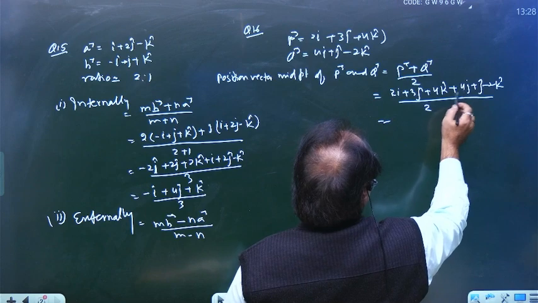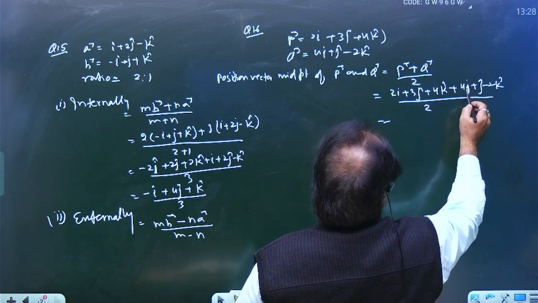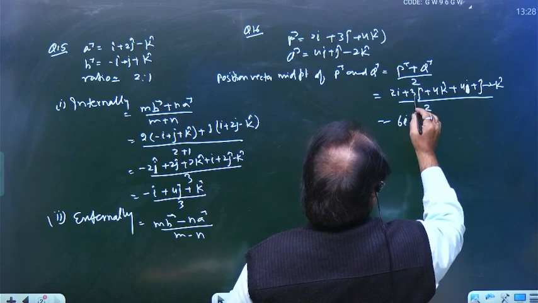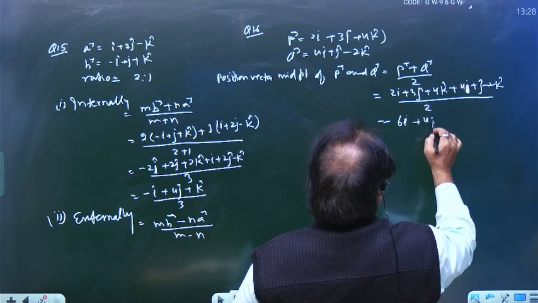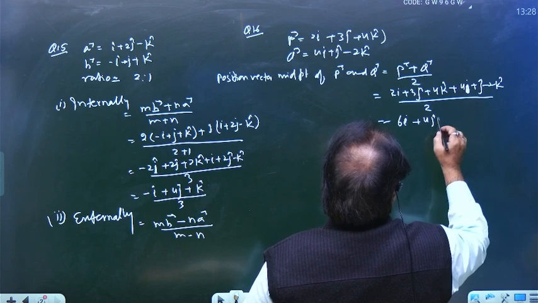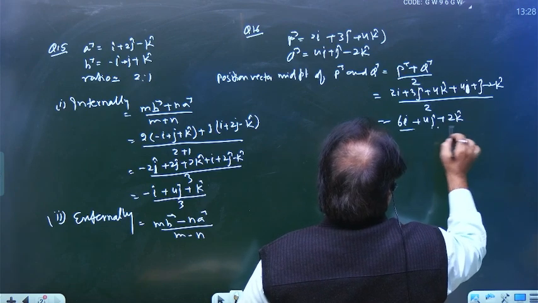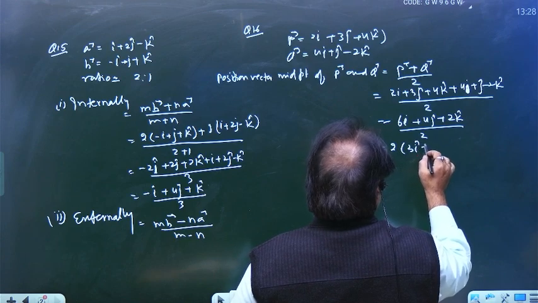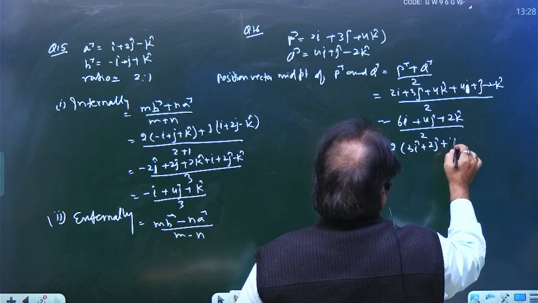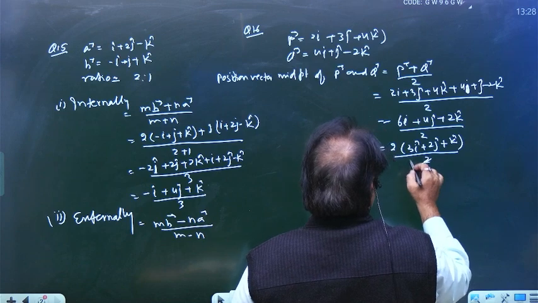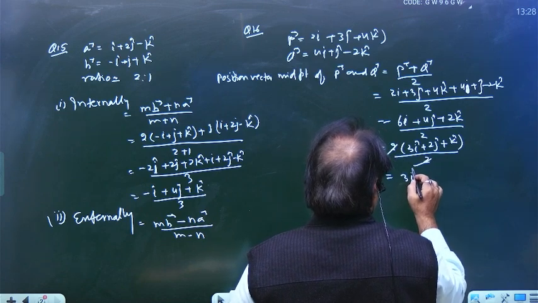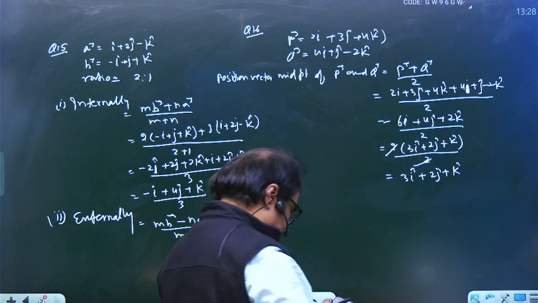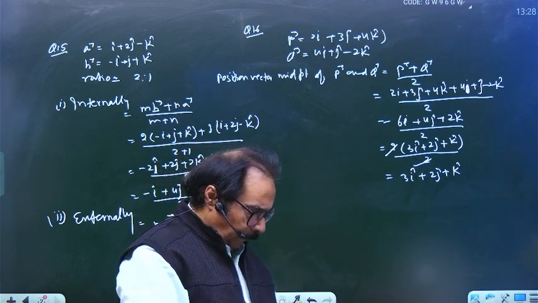So 2i and 4i is 6i cap, 3j plus 1j is 4j cap, and 4k minus 2k is plus 2k cap, divided by 2. Take 2 as common, so it is 3i cap plus 2j cap plus k cap divided by 2, so the 2 cancels. The final answer is 3i cap plus 2j cap plus k cap. This is the required vector.